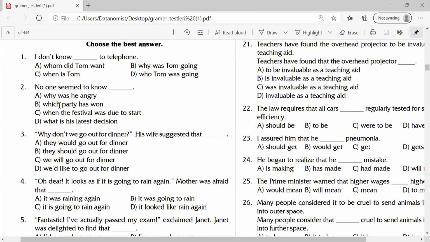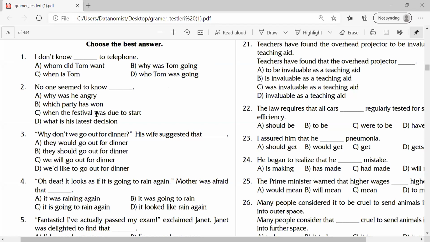Why was he angry? No. Which party has won? When the festival was due to start? What is his latest decision? A is gone straight away because of the wrong order. Which party has won? Yeah, S and V is there. Put a question mark.